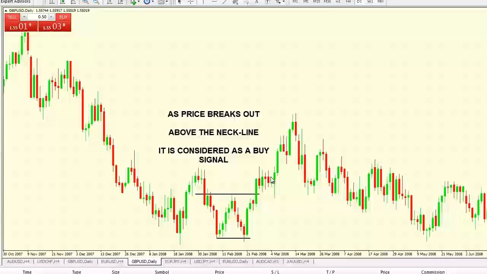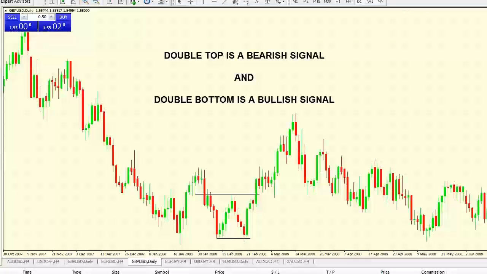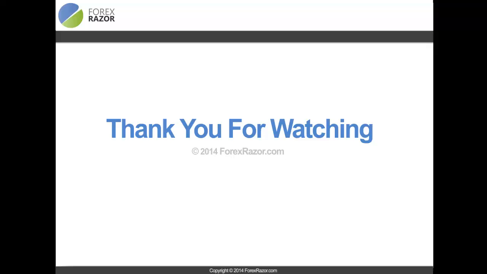The price is expected to rise to higher levels by at least the amount of the minimum objective, which is the perpendicular distance. So this is how we can use a double bottom pattern as a trade signal to initiate trade positions. A double top pattern acts as a bearish signal, while a double bottom acts as a bullish signal.